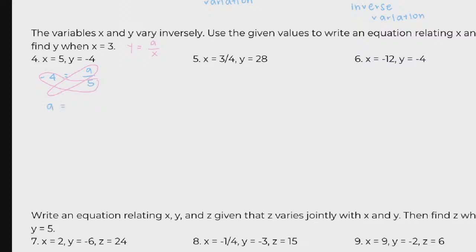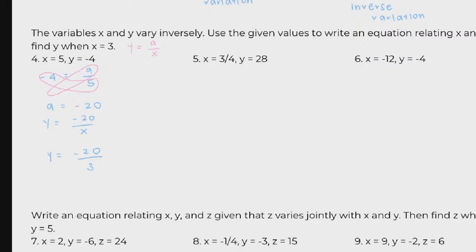So we get a equals negative 20. So the equation would be y equals negative 20 over x. Then we want to find y when x equals 3, so we're going to plug in 3 for x. And this would be the answer, negative 20 over 3.